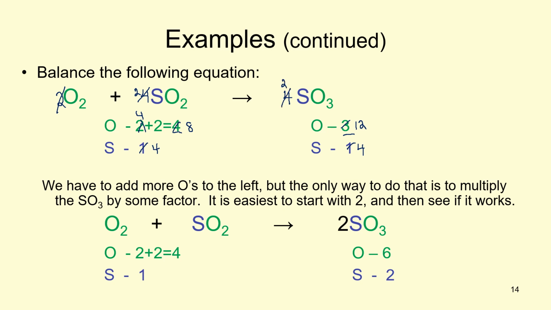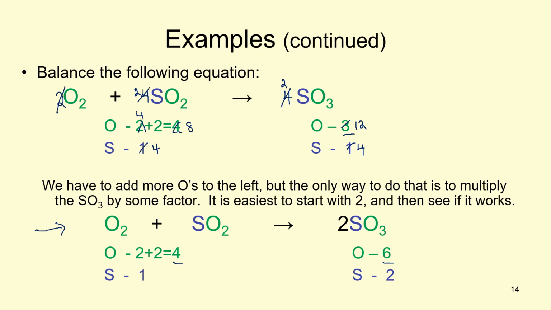So that's one way to do it. You just have to beware, because if you start trying to use least common multiple here, you'll go round and round in circles. Another way down here that I did it is I said, well, if nothing else, I definitely need more oxygen on the right. I had 3 and I need more. So one thing I can just do is try doubling this. So that's what I did here. I just doubled it and I got 6 oxygen.